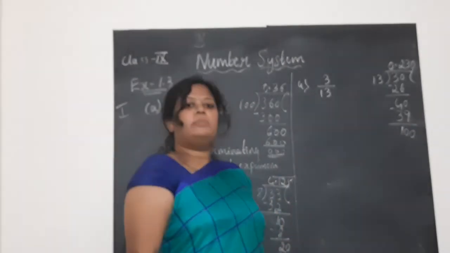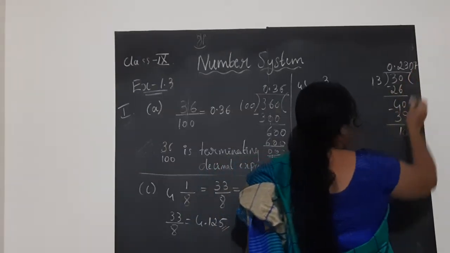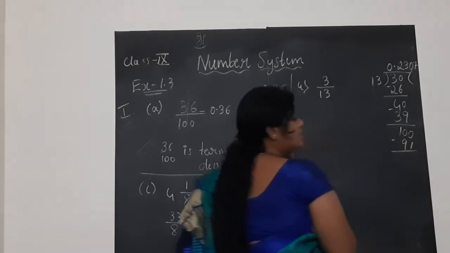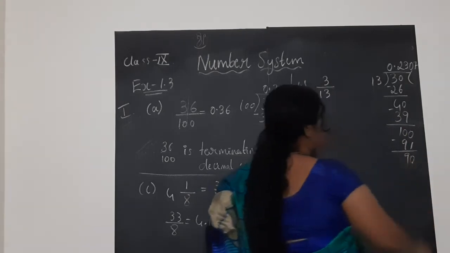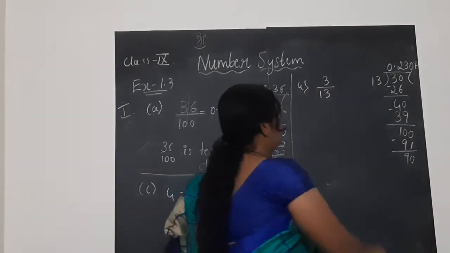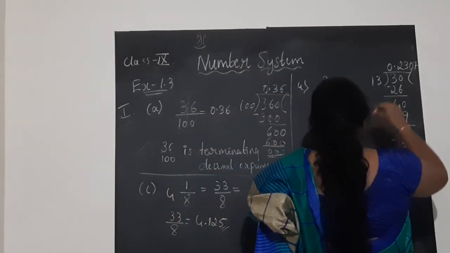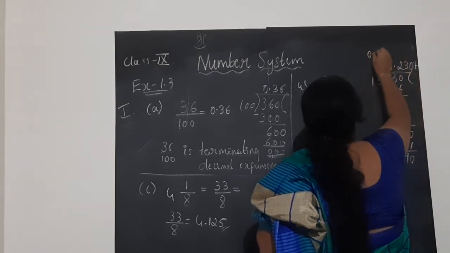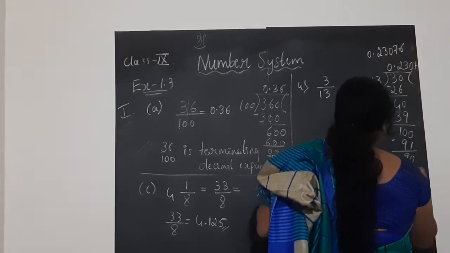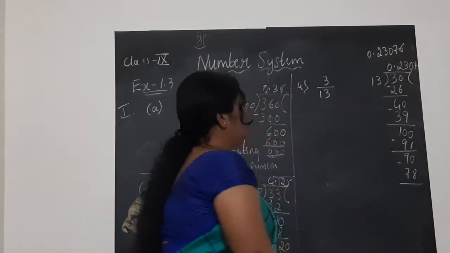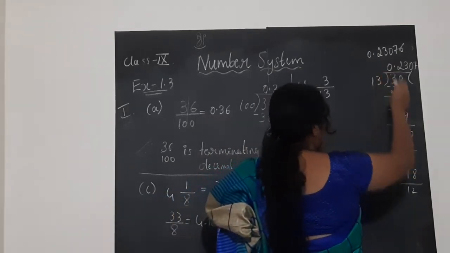Which is the nearest multiple of 13 to 100? 13 sevens are 91. How much is 100 minus 91? We get 9. Again the decimal point is there, so you can make it 90. The nearest multiple of 13 to 90 is 13 6s are 78. So we have 0.23076 so far. 90 minus 78 is 12.